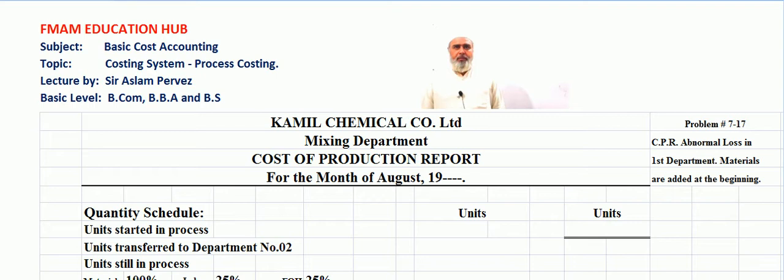Today we are going to learn basic cost accounting, in which the topic is process costing, and its other name is cost of production report.